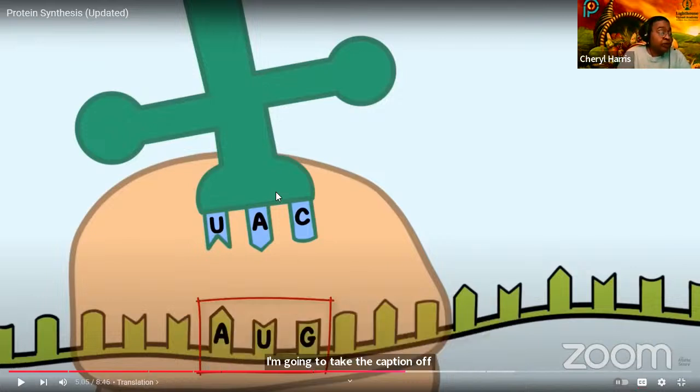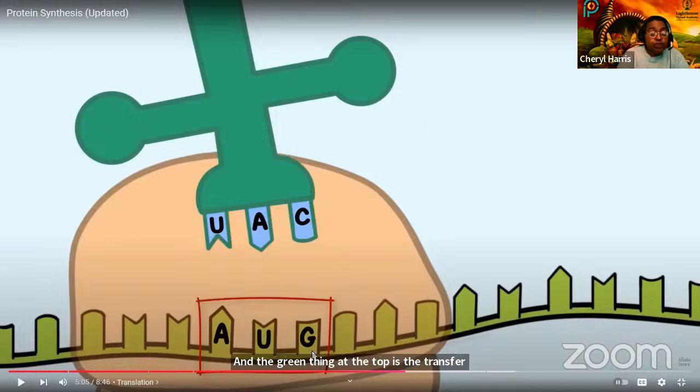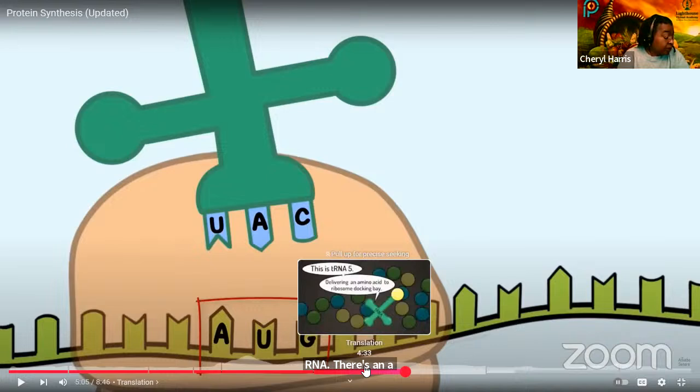All right, now this is the part that's confusing some folks. You need to remember which bases are complementary to the other base. So in RNA, we don't have T. Now this thing that's inside the glob is our RNA, and the green thing at the top is the transfer RNA. There's an AUG is what the messenger RNA is saying.